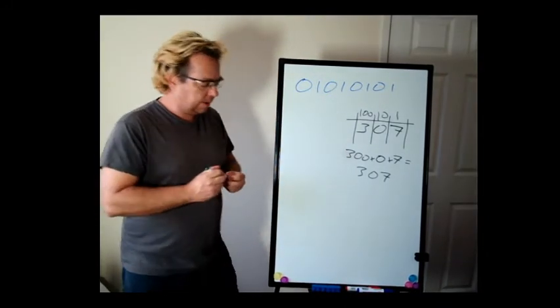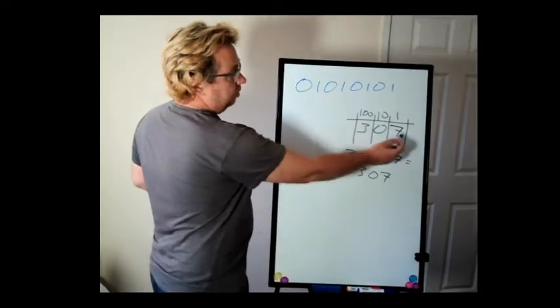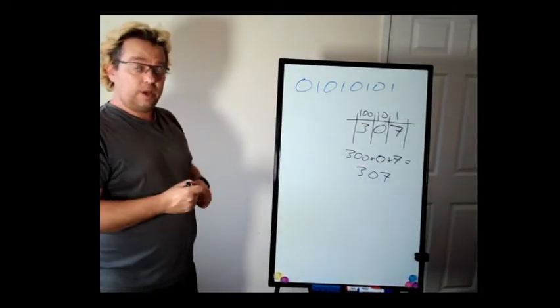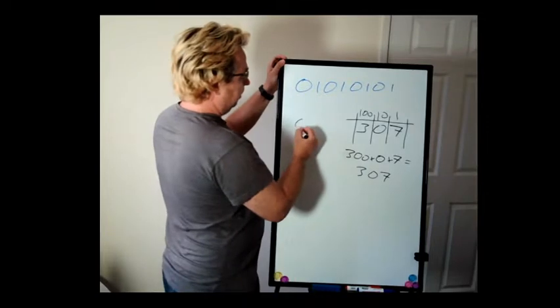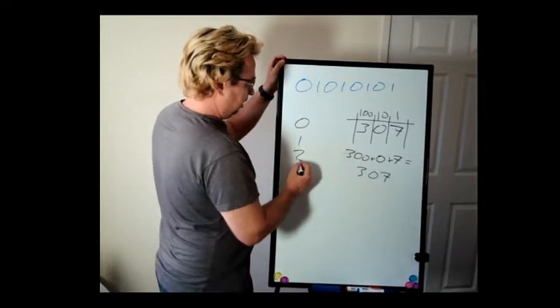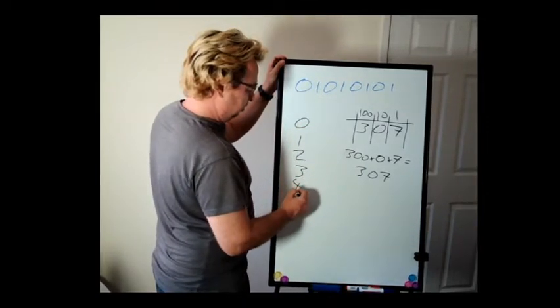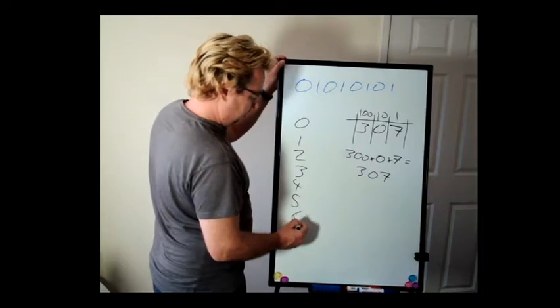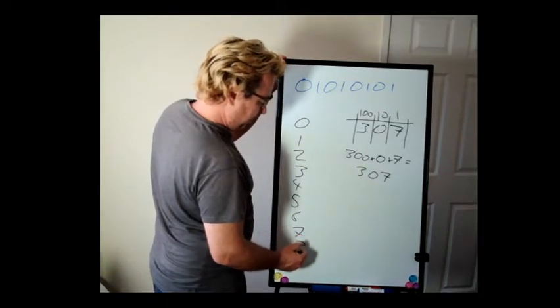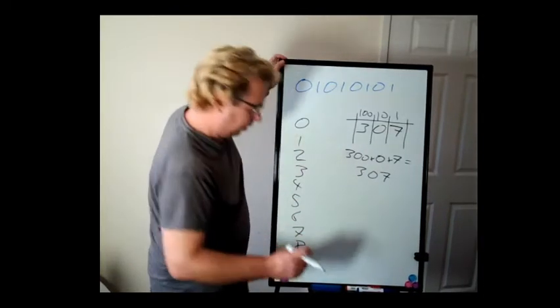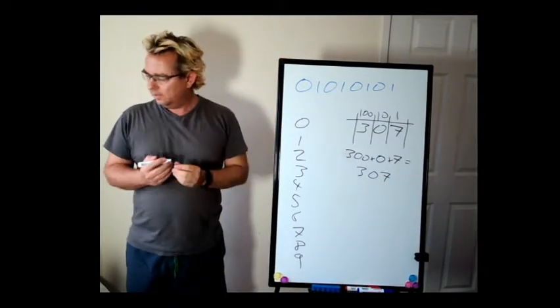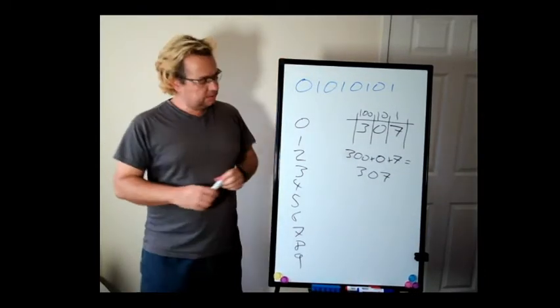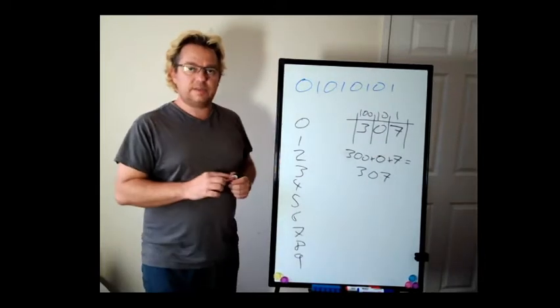However, binary does not have all the characters we have available to us. Decimal numbers have 10 symbols. You will all be familiar with all of these, hopefully. If not, this probably isn't the course for you. Okay, so we've got 0, 1, 2, 3, 4, 5, 6, 7, 8, 9.